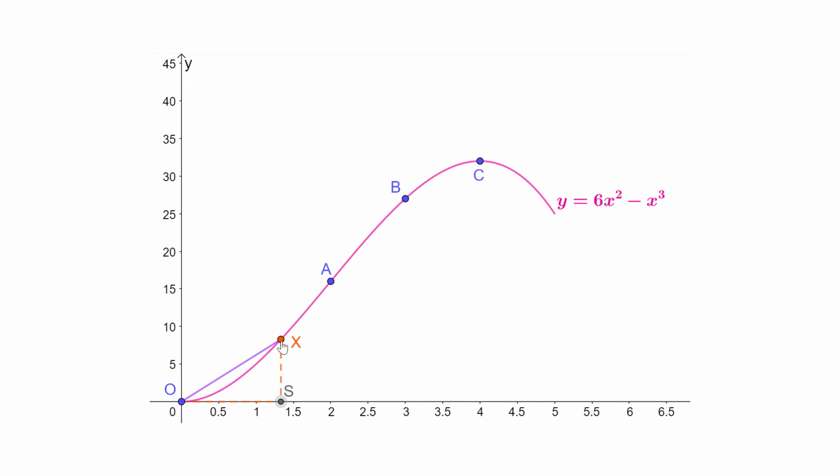So again, here X is a point on the production function, and you can see that there's a ray line connecting the origin O and the point X. So the APP is actually measured by the ratio of the segment XS divided by segment OS.